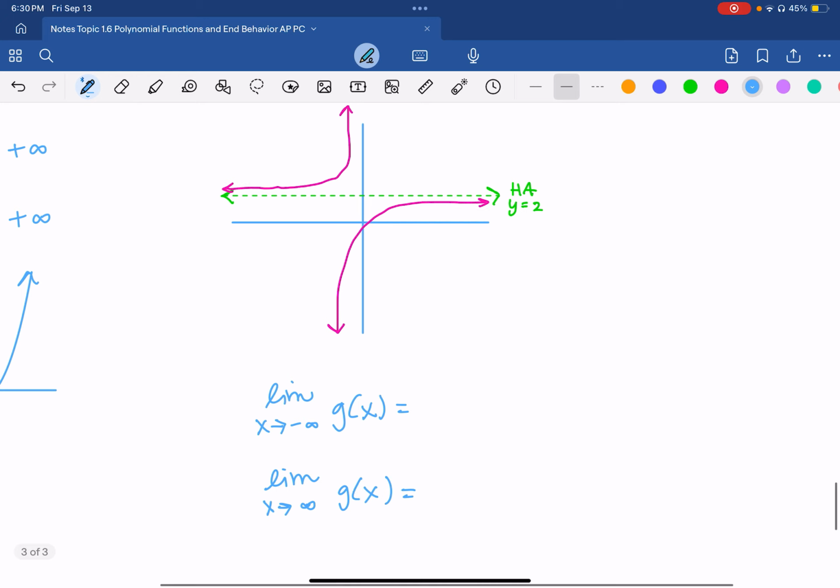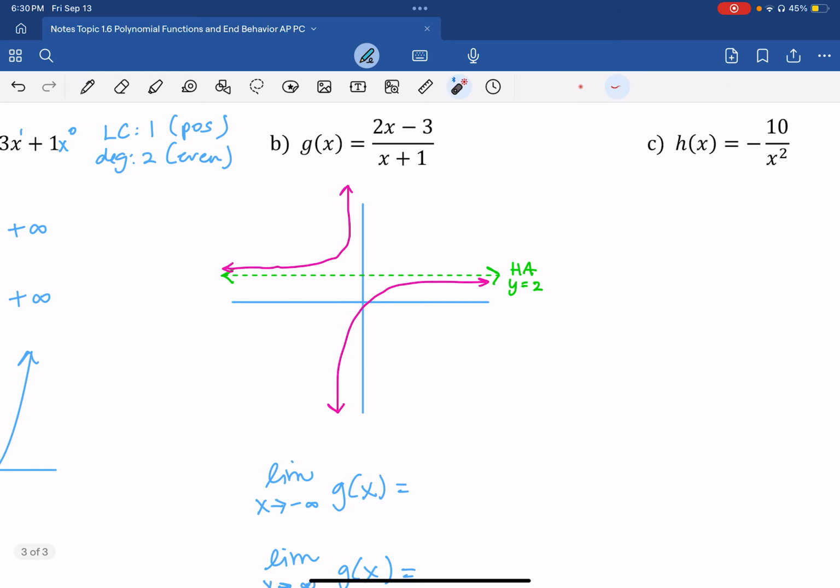Remember, as you looked all the way to the left, the pink line, which is the graph, you didn't see that arrow going up and you didn't see that arrow going down. So you cannot say positive or negative infinity. Rather, because it always stayed hovering on top of the horizontal asymptote, we're going to say that it approaches the horizontal asymptote, which is at 2.